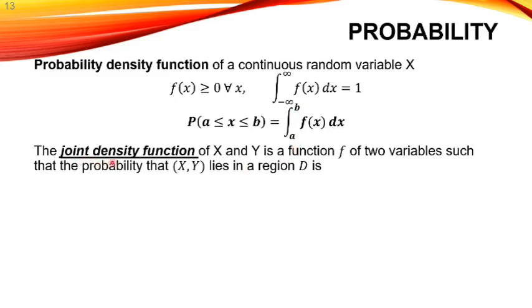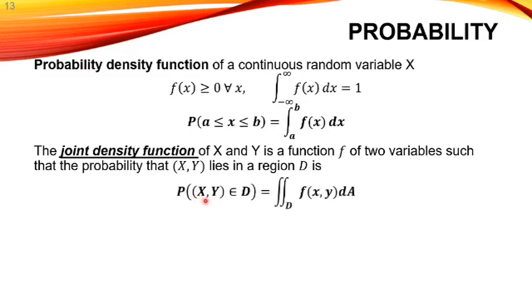The joint density function of x and y is the function f of two variables such that the probability that x and y lies in a region D. Since the earlier one was a single integral with a single variable, now for the joint density function we have two variables, which is just like a function of x y.